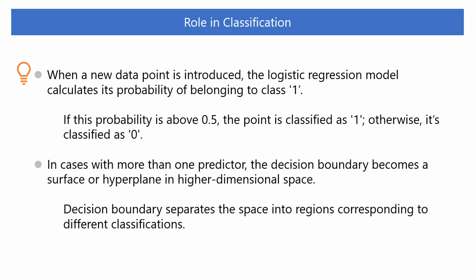Otherwise, it's classified as 0. In cases with more than one predictor, the decision boundary becomes a surface or hyperplane in higher dimensional space. It still serves the same purpose, to separate the space into regions corresponding to different classifications.